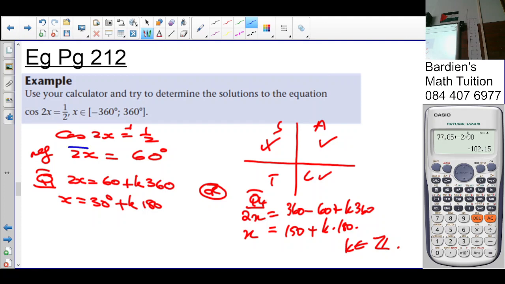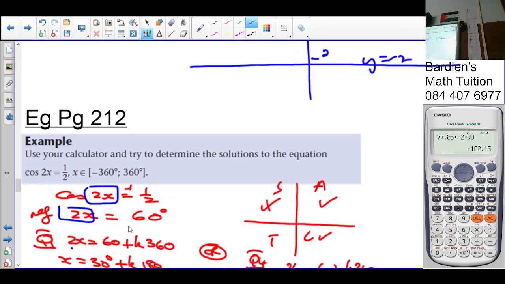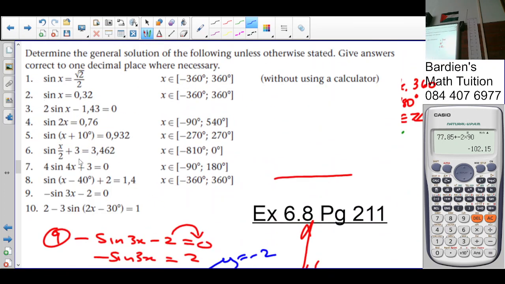You want to say x instead of 2x here? But what is the angle? The angle in question is 2x. The previous one we did was this exercise, number 5.